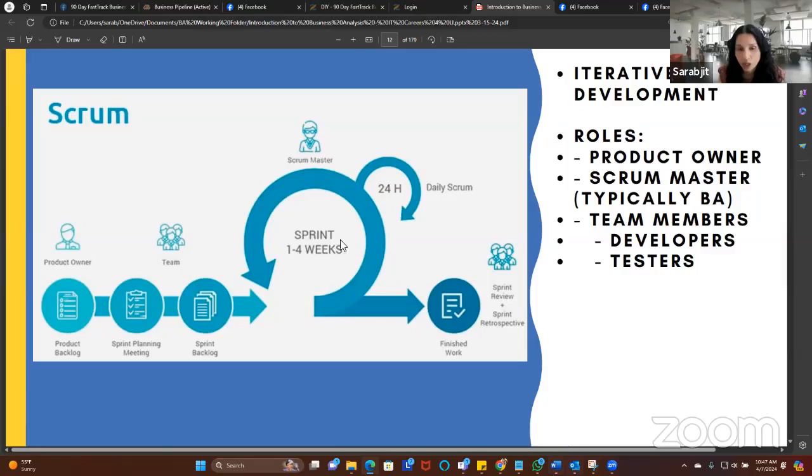Then we have a sprint, typically 2 weeks, but it's typical to see anywhere from 1 to 4 weeks. Generally, we see 2 to 3 week sprint cycles just because it gives us enough time to do the work. But this is where development is happening. During that cycle, whether it's 2 weeks or 3 weeks, we have daily Scrum sessions, and then the work is finished, right?